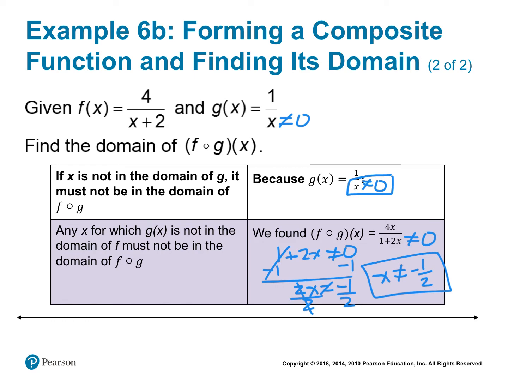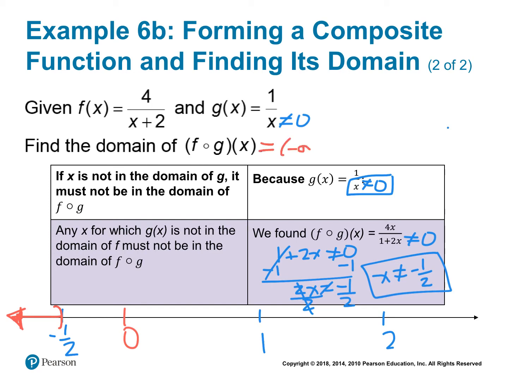So on this number line, I'm going to number it. I'm going to put some halves here. So 1 would be about right here. So I know I cannot be at negative 1/2, so I can go up to negative 1/2 or down to negative infinity. So let's go ahead and put our domain here.